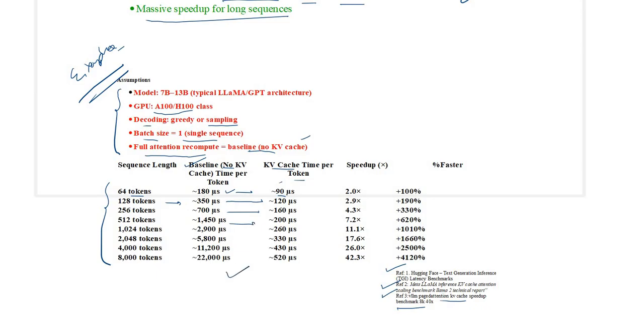So this is one of the greatest advantages. The speedup is also increasing, by multiples of 2, 2.9, 4.7, up to 4.2 for around 8,000 tokens. So these are the values for the speedup, the percentage of faster processing.